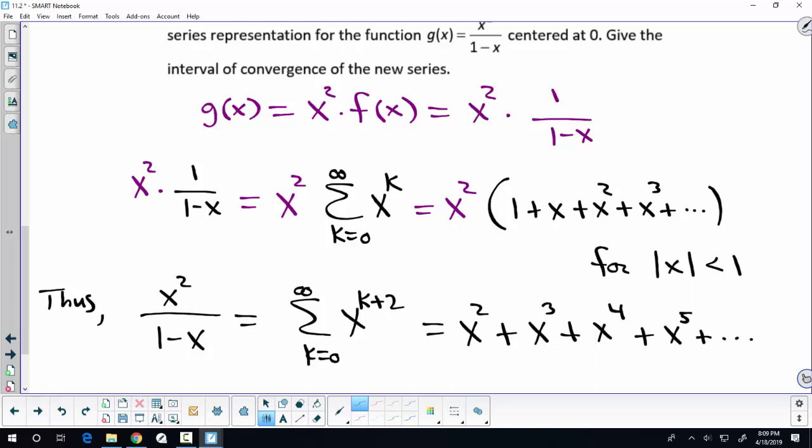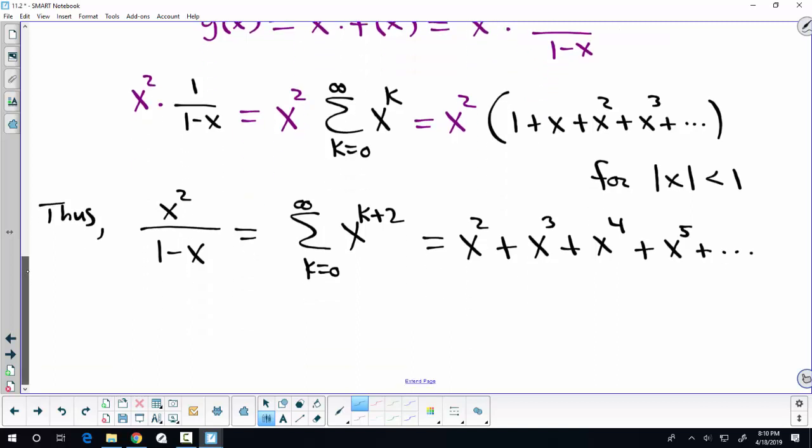So you've got a completely new power series that converges to a completely different function just by multiplying the original by a power of x, because we combined x squared with x to the k. Okay, so that's our new power series.